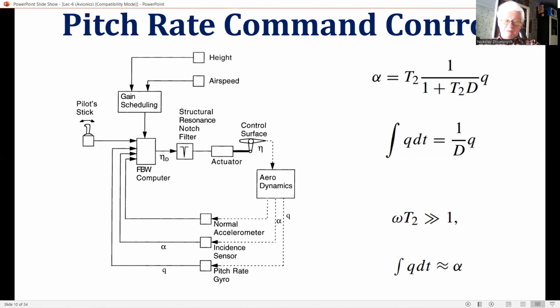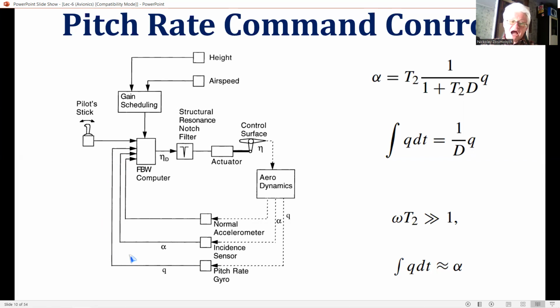A block diagram of a pitch rate command FBW flight control system is shown in this diagram. The essential redundancy has been omitted for clarity. So the primary feedback of pitch rate for the pitch rate command loop is provided by the pitch rate gyros, so that it's the lowest part.